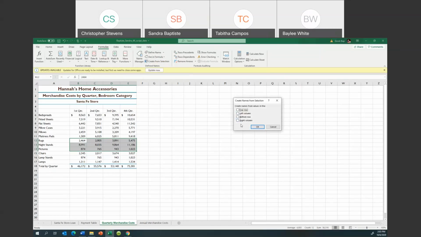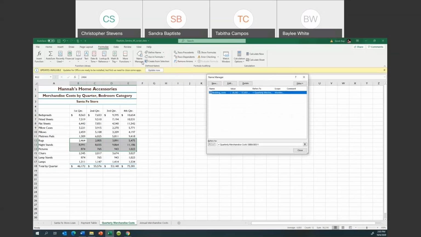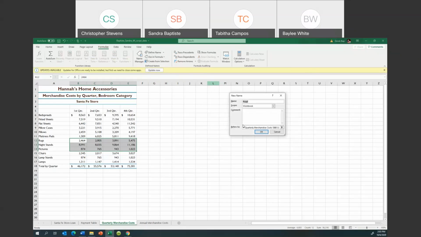All right, oh sorry, actually hit cancel on this. Undo it a different way. Go to name manager. Okay, click on new. That's another way you can get to creating a new name.